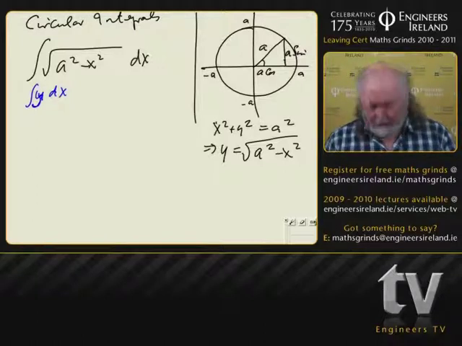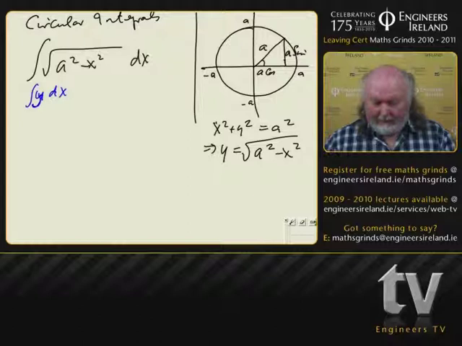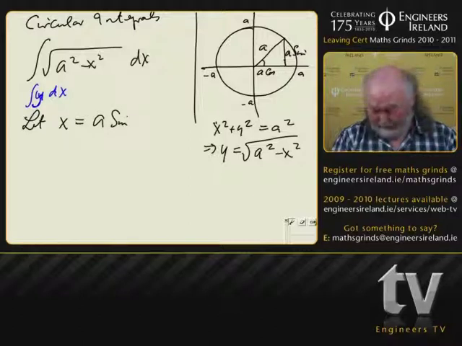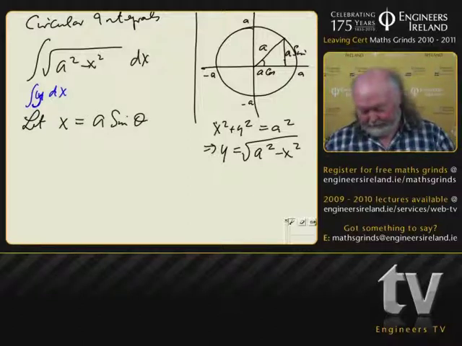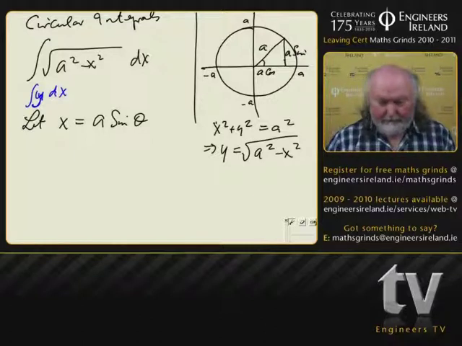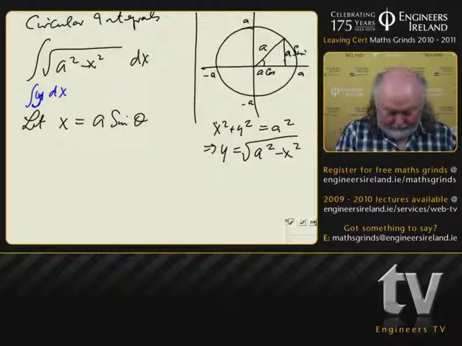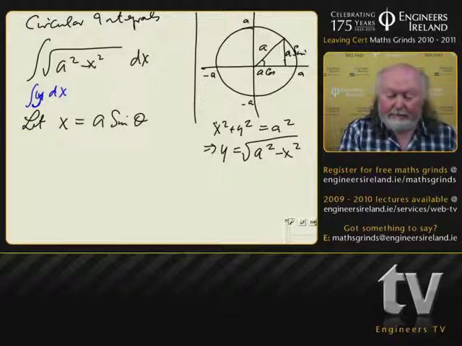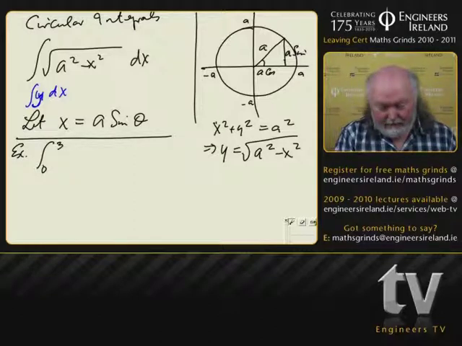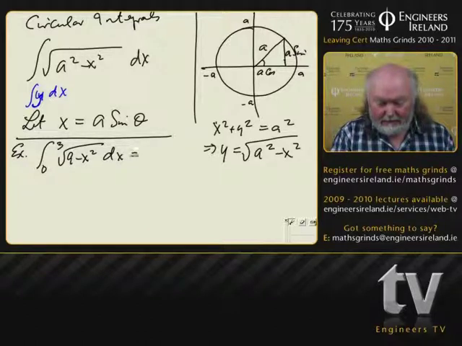This is just circle work. In these cases you let x equal a sine of theta. Example, the integral from 0 to 3 of the square root of 9 minus x squared dx. That's the integral.